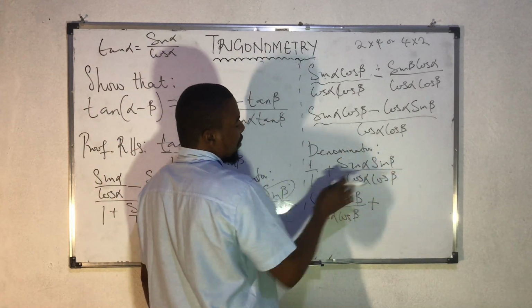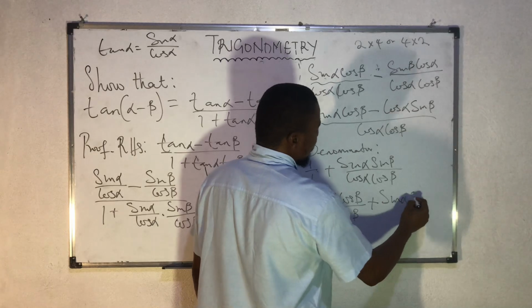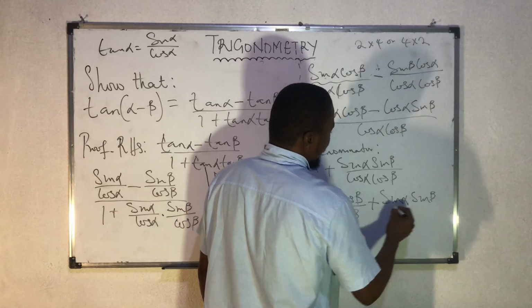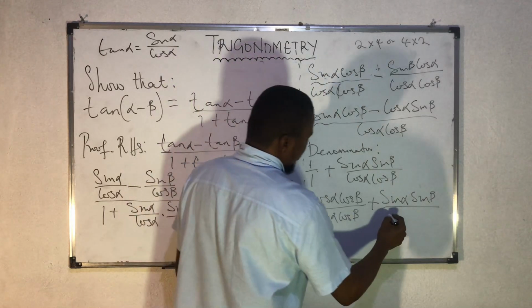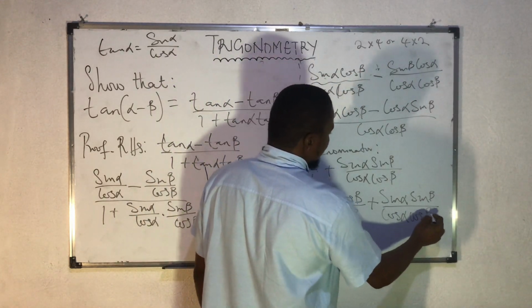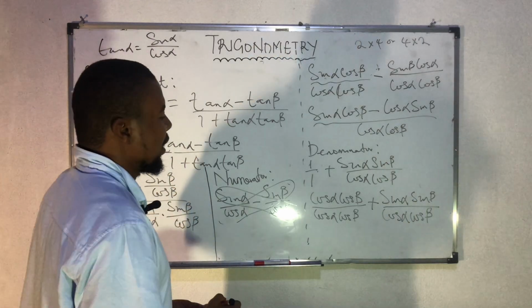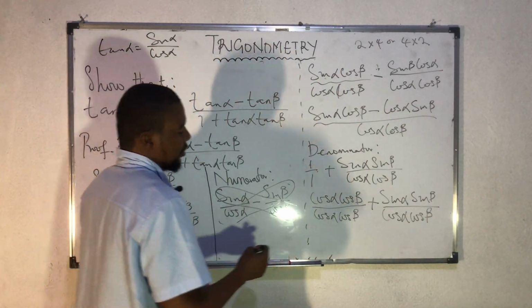1 times sine alpha sine beta will give us sine alpha sine beta over 1 times cos alpha cos beta will give us cos alpha cos beta. They are the same, and at this point we can go ahead and combine them as a single fraction.